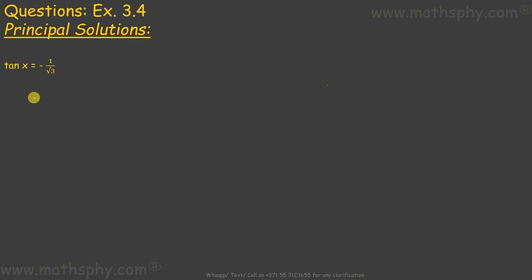Alright, here tan x equals negative 1 over root 3. Okay, we know that tan pi over 6 equals 1 over root 3, positive. In that case, negative tan pi over 6 equals negative 1 over root 3.